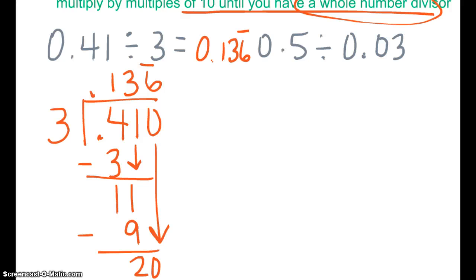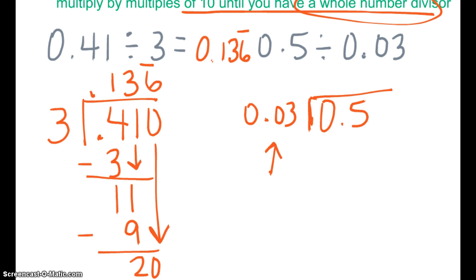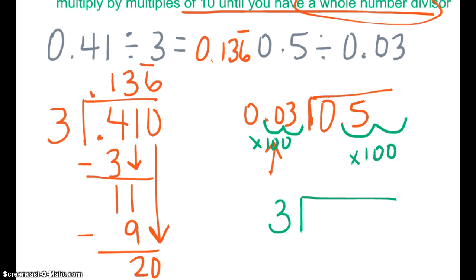All right, one more. 5 tenths divided by 3 hundredths. Is this okay? No, it is not. I have to multiply by 100. Multiply by 10, multiply by 10. So really, I have to multiply by 100 to get a whole number. So here, I'm going to also multiply by 100, which changes my place, which changes my number on the inside. So now I have 3 into my dividend.